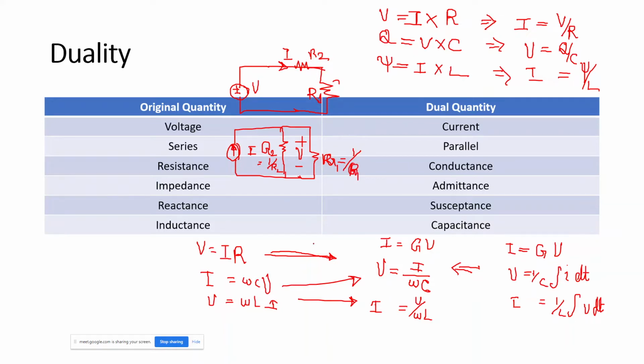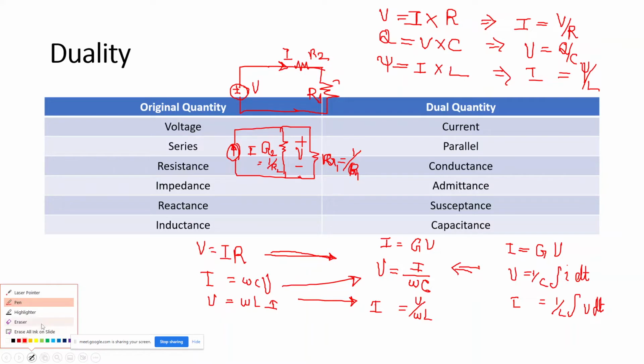So this is the beauty of duality. You can make another circuit just by transforming the sources and the impedances. So let's quickly go through what the dual properties can be.